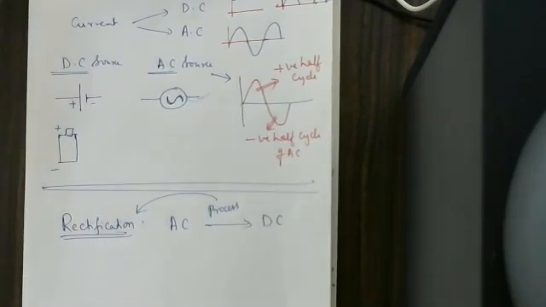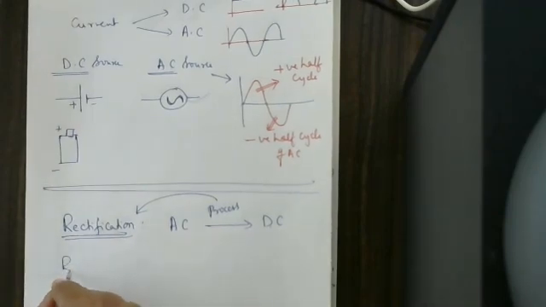What do you mean by rectification? The process of converting alternating current into direct current, AC to DC, is called rectification. Now, what do you mean by rectifier?